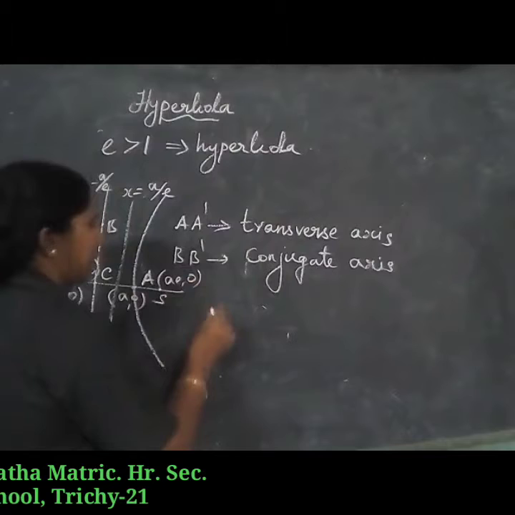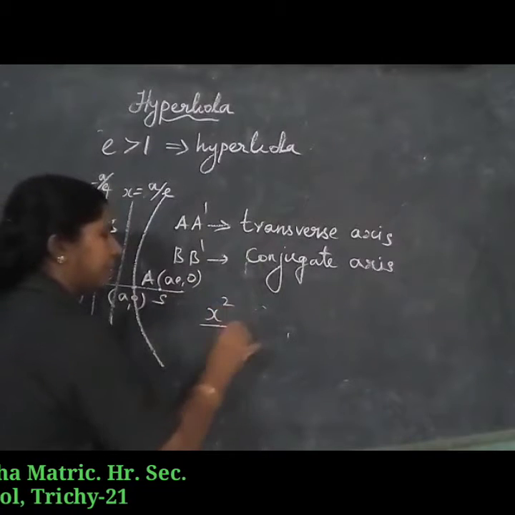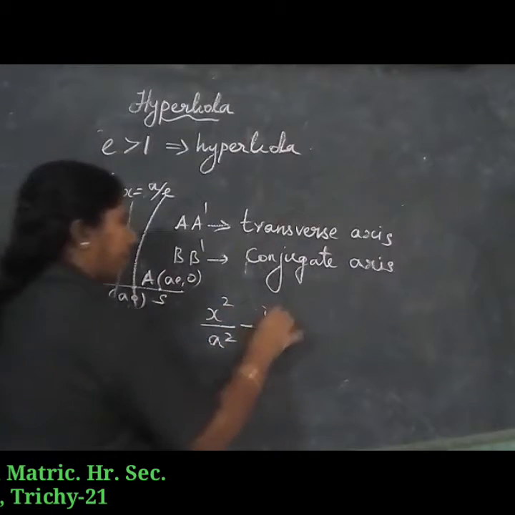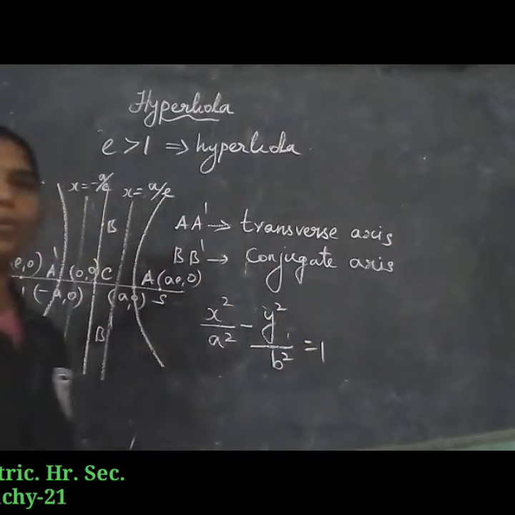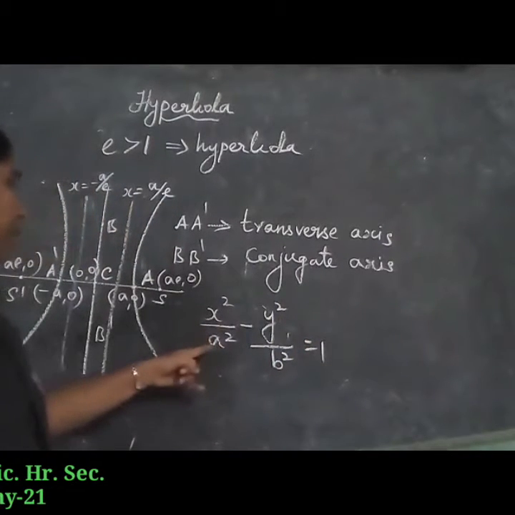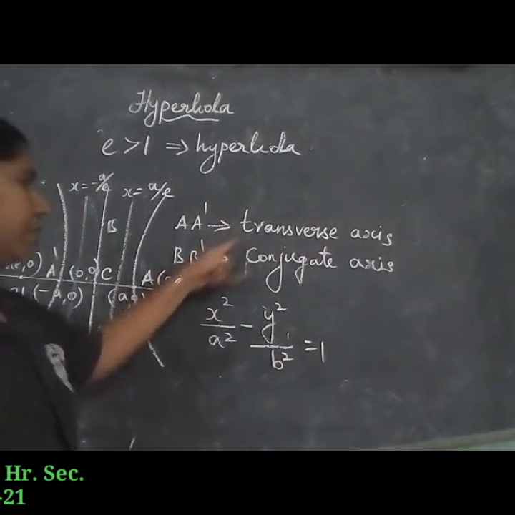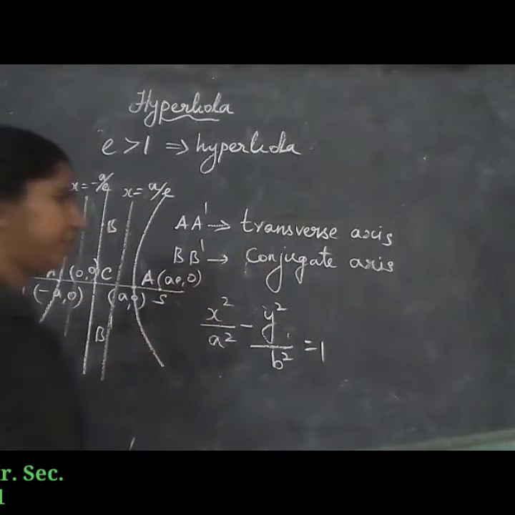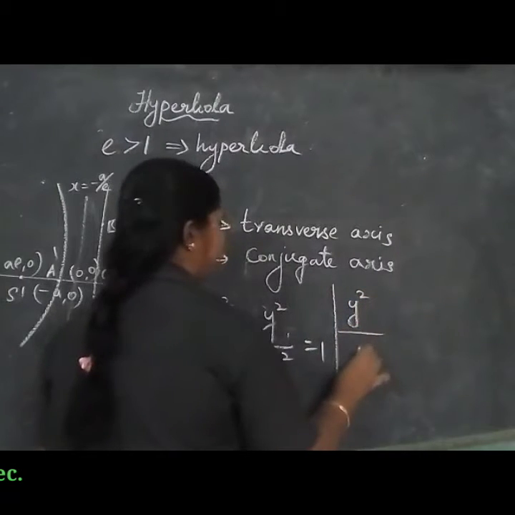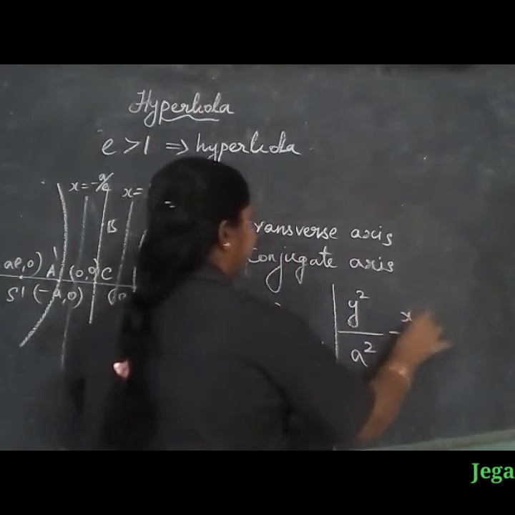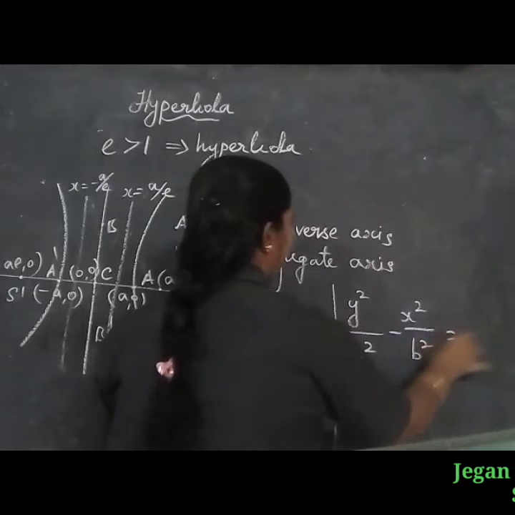Then the required equation of the hyperbola is x square by a square minus y square by b square equal to 1. Here the transverse axis is along the x-axis. Suppose you are writing y square by a square minus x square by b square equal to 1.